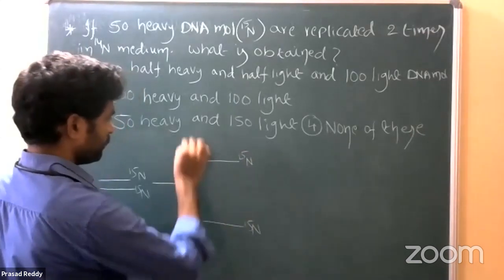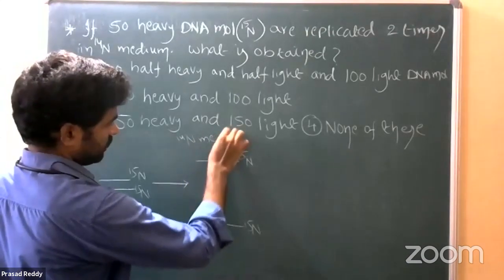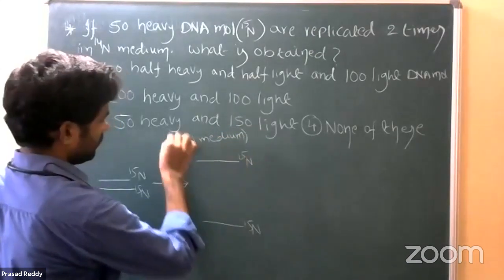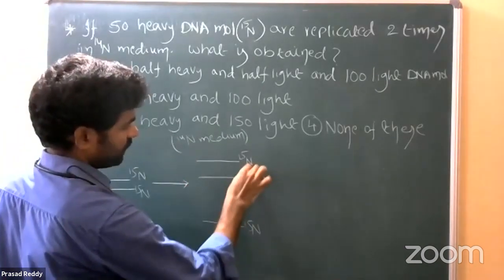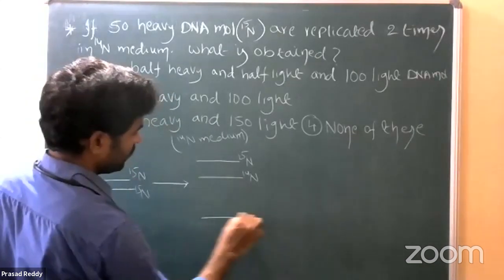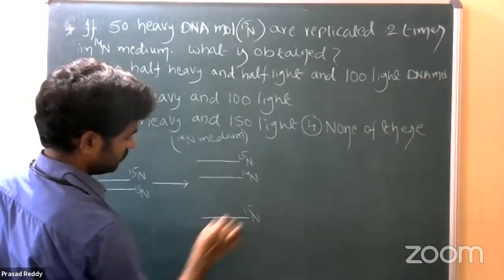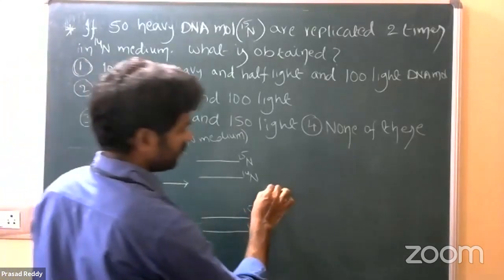So this is N14 medium, so in N14 medium replicated, the newly synthesized strand is N14. Here also the newly synthesized strand is N14 only. Am I right? First replication.